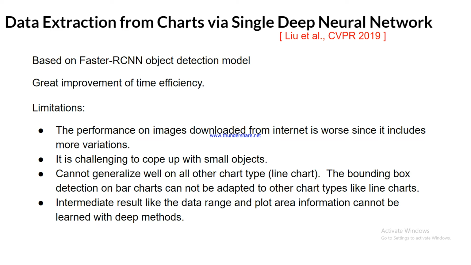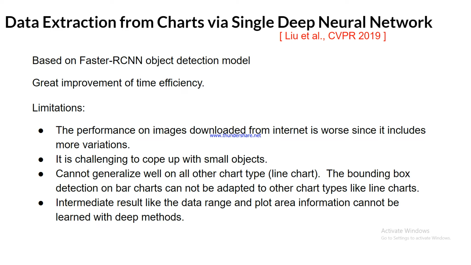The performance on images downloaded from the internet is worse since they include more variations. Also, it is challenging to cope with small objects using a single deep neural network.